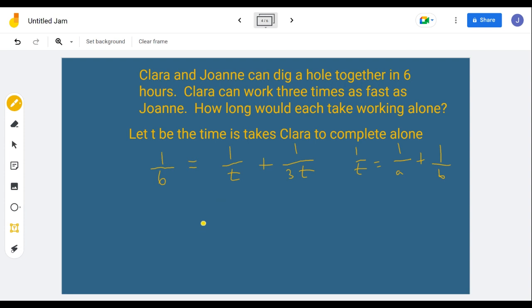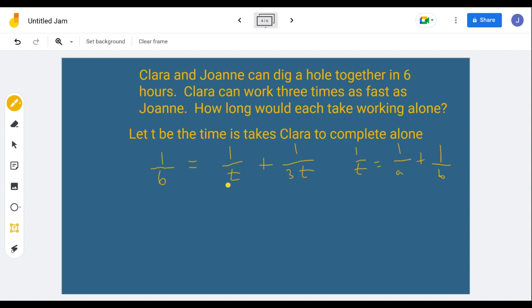So this is kind of a similar thing. If you think about this in terms of 1 hour, overall, they both would have completed 1/6 of the hole. They're saying Clara can work 3 times as fast as Joanne. So if t is the time it takes Clara to complete the task alone, she would have completed 1 over t of the task in 1 hour.